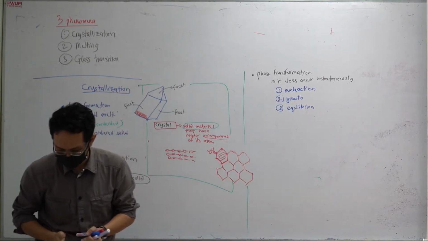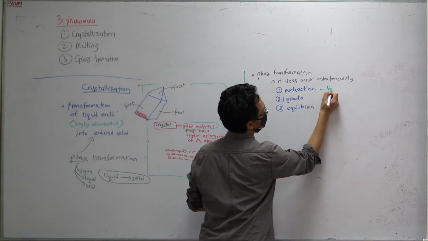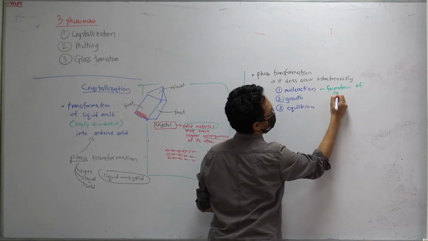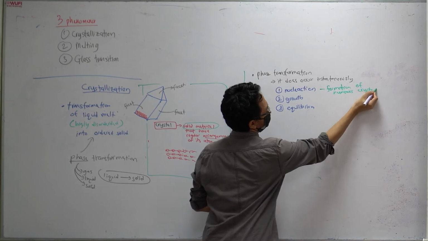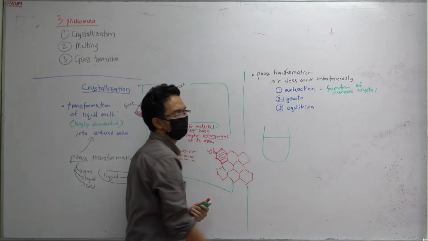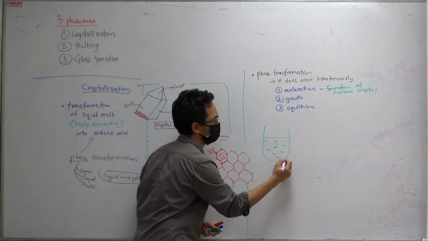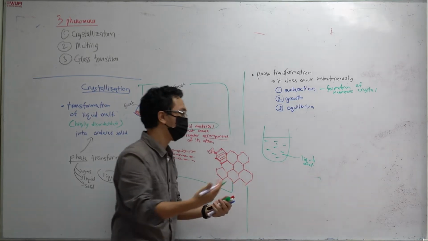It is basically the formation of numerous crystals. So imagine you have, for example, a polymer, a liquid melt of any polymer.